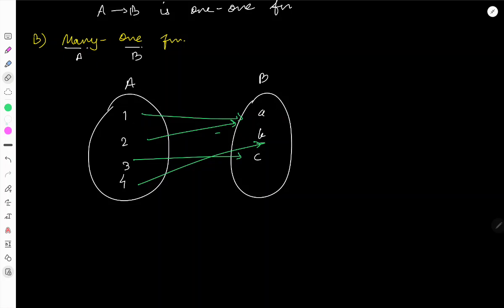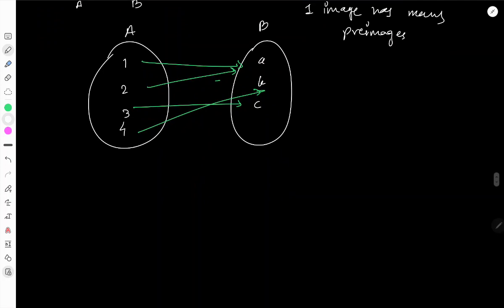Such a function is called a many to one function. The easiest example is y equals x squared.